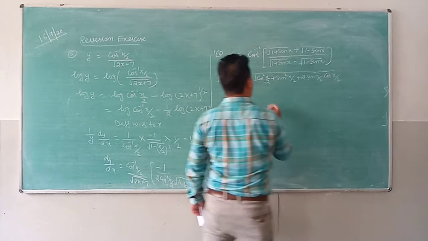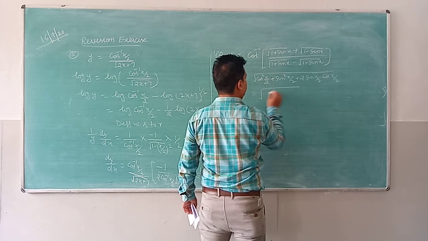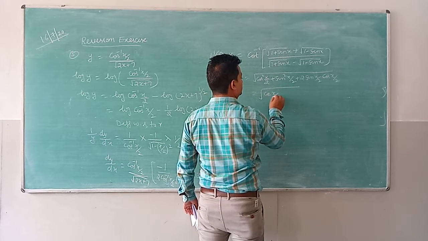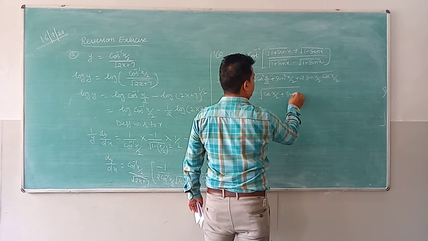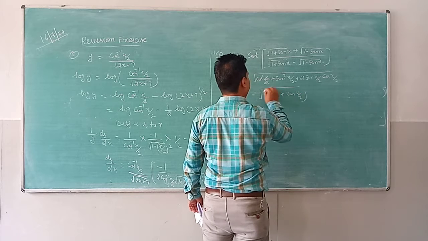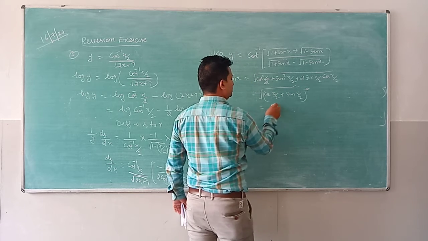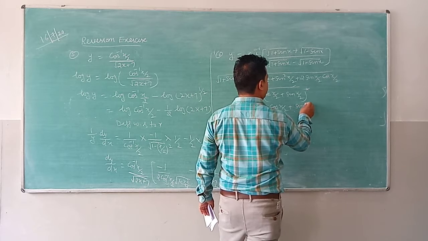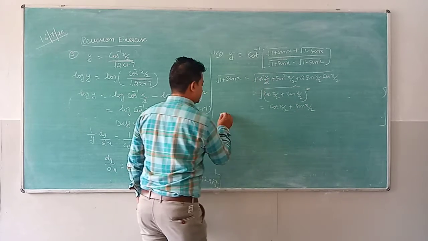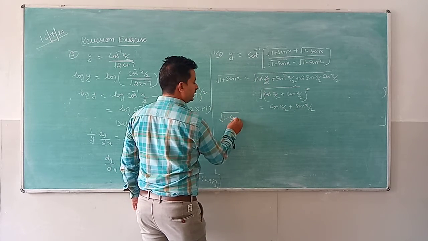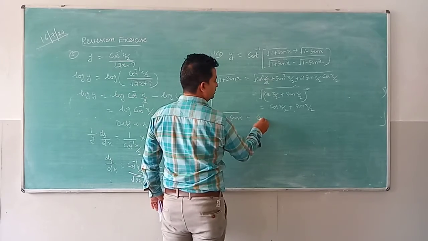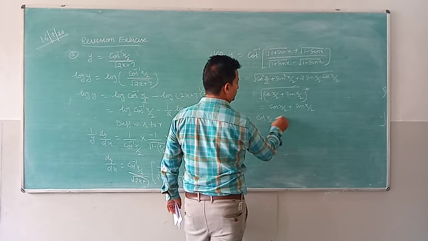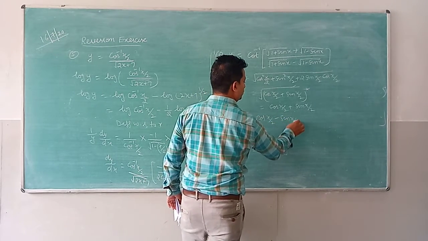This is the identity of (a + b) whole square. So this is (a + b) squared. The square and root cancel out, so this is cos(x/2) + sin(x/2). In a similar way, the value of √(1 − sin x) is cos(x/2) − sin(x/2).